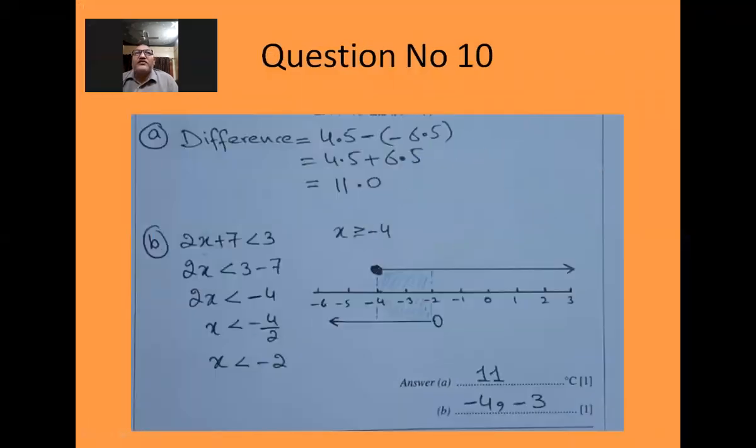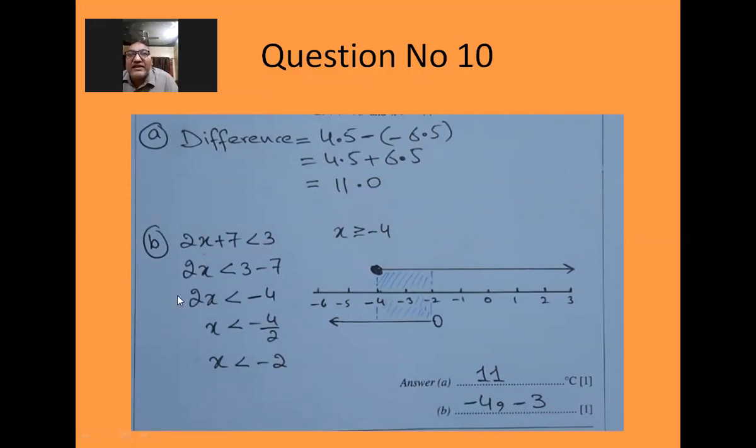The difference will be 4.5 minus minus 6.5. So it will be 4.5 plus 6.5, and that will be 11.0. Now we have two inequalities, and we want to solve them and find the values of the integers there.